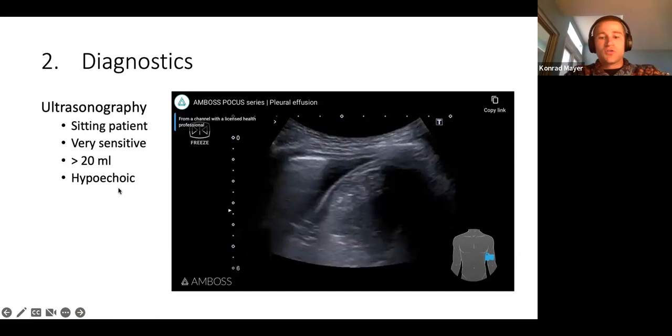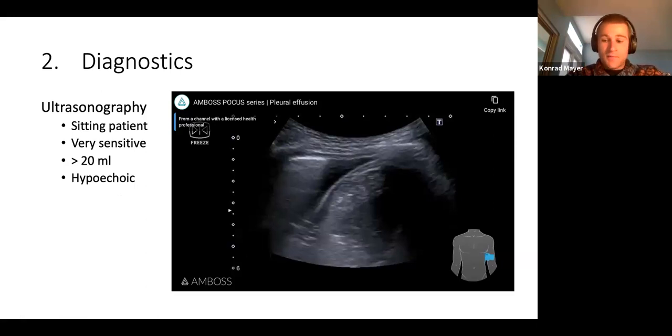The ultrasound is a very important tool for the pleural effusion because it is not only helpful to diagnose a pleural effusion if you have the suspicion after performing your physical exam, but it is also very helpful when treating pleural effusion by, for example, performing a thoracentesis.